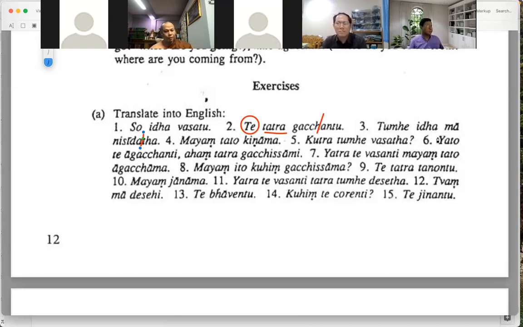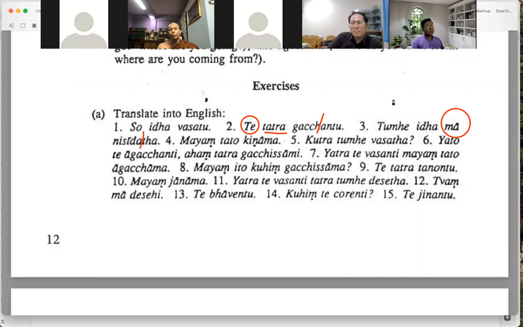Here you see ma. We already learned that this particular ma goes together only with the imperative verb. Because of that ma, this must be imperative mood, second person plural.